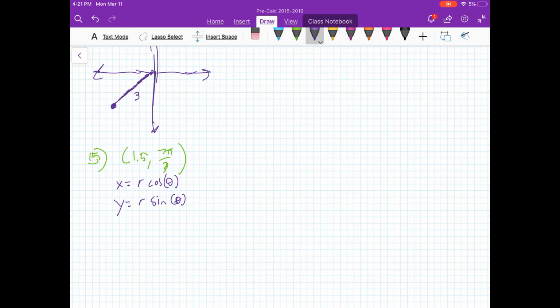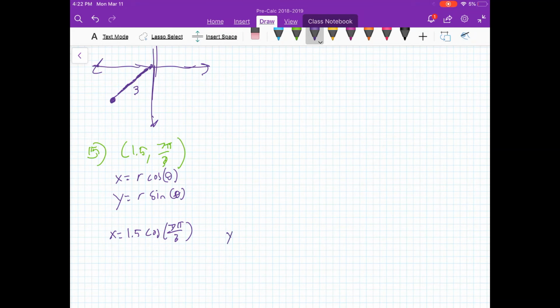If we have 1.5 as our radius, we'd have x equals 1.5 times the cosine of 7 pi over 3, and y would equal 1.5 times the sine of 7 pi over 3. You can go ahead and work that out if you like.